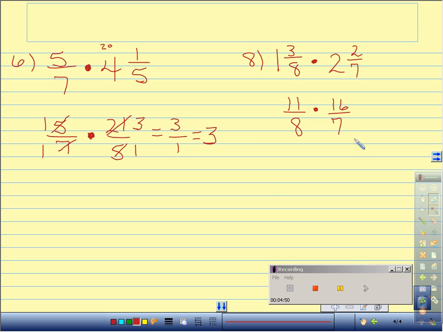Can't cross reduce 11 and 7, but I can 8 and 16. They both have a common factor of 8. 8 goes into itself one time. 8 goes into 16 twice. 11 times 2 is 22. 1 times 7 is 7. Again, divide. 7 goes into 22 3 times, with 1 left over.